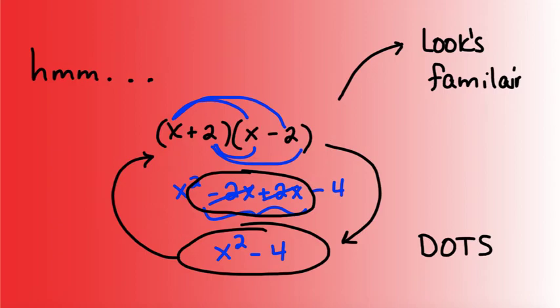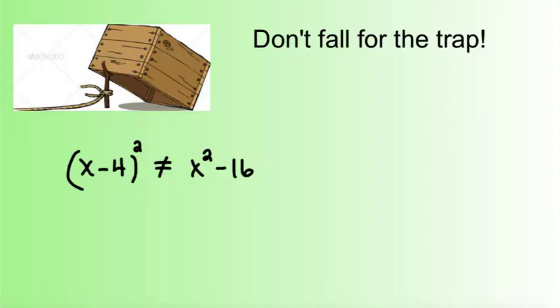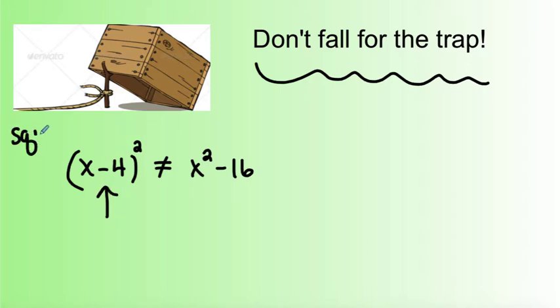All right. Now, there is this one situation that actually is a trap. There's a trap, and I don't want you to fall for the trap. The trap is when we look at the square of a binomial. That means we have a binomial and the quantity is squared. Lots of kids really badly want to distribute that two.